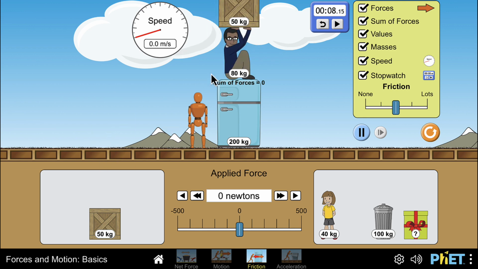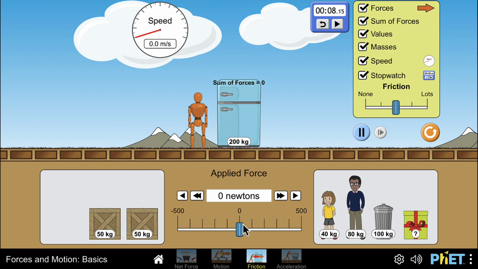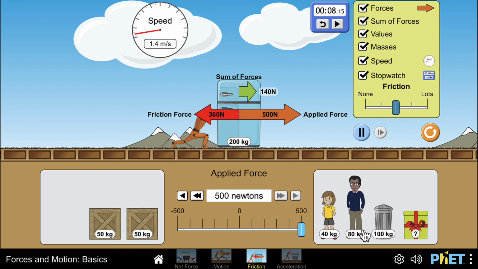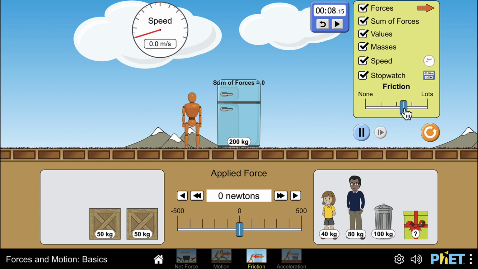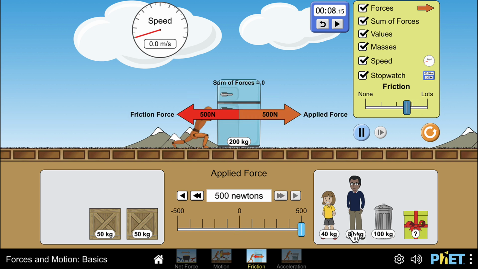If I put these down, what do you think? I can barely get it to move. But if the friction was a bit more, let's put it here, even 500 cannot get this one to move. Let's say you have a very big fridge and it's filled with stuff, so it's so heavy, the mass is so high, even if you push it, maybe you and your friend, you can't move it.